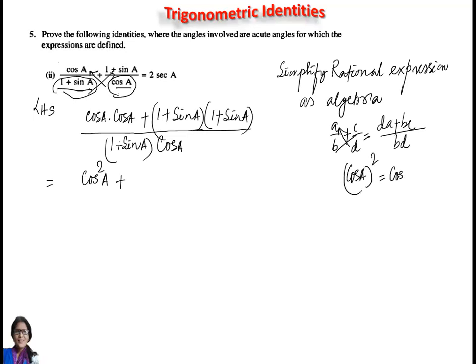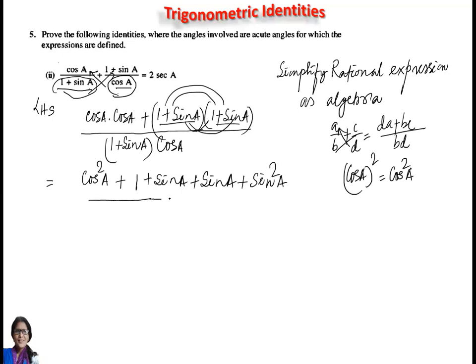It will be cos square A. Now I'll multiply 1 plus sin A into 1 plus sin A. 1 into 1, 1. 1 into sin A, plus sin A. Sin A into 1, sin A. Sin A multiplies sin A, sin square A. Or you can make it 1 plus sin A whole square. That will be the same result. So this will be 1 plus sin A into cos A.